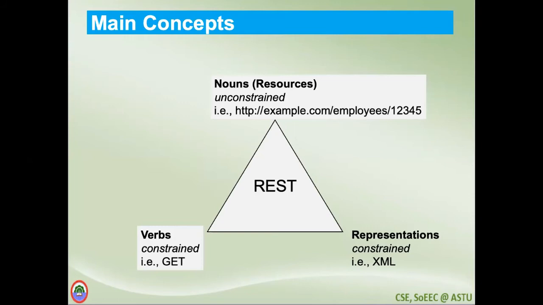But whenever you try to understand these RESTful web services, there are three pillars. In object-oriented programming, there are four pillars, right? Inheritance, polymorphism, data encapsulation, and then abstraction. Like that, these are the four concepts in object-oriented programming.